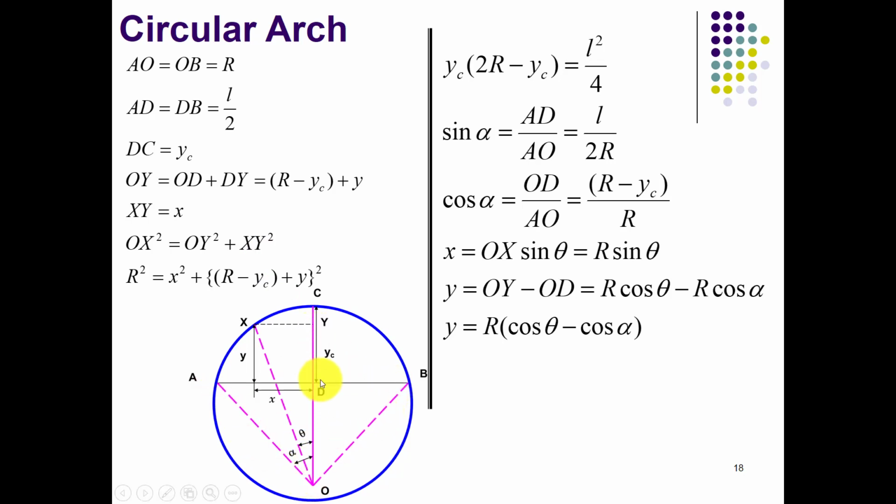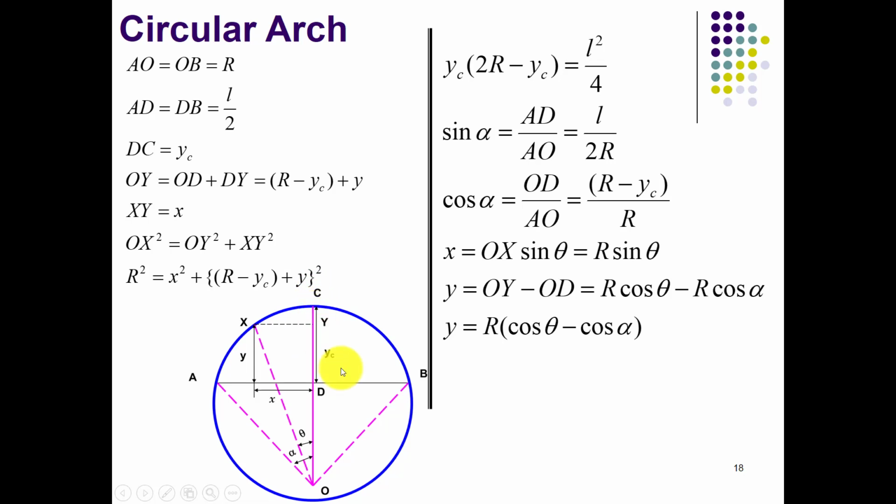And if we talk about half of the length of the chord, which is basically L by 2, it can be written as AD equals BD equals L by 2. L by 2 is basically half of the span of the circular arch. We can write YC as DC.